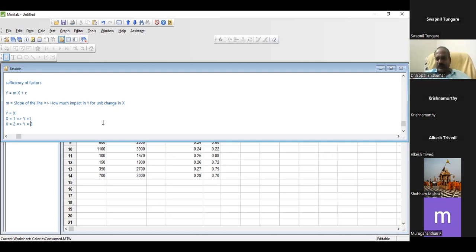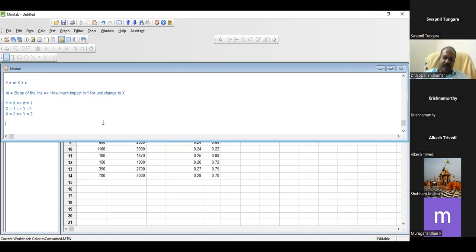When I increase x by 1 unit, y also increases by 1 unit. This is what you are seeing here as m. In this equation, y equal to x, what is the value of m? 1. Very good. The meaning of 1 is, when I increase x by 1 unit, y will increase by 1 unit. All of you are with me?